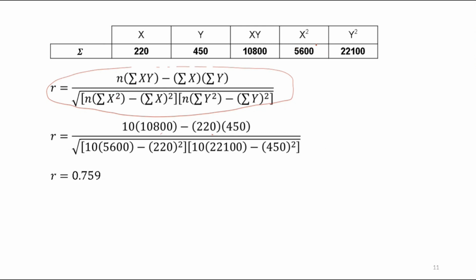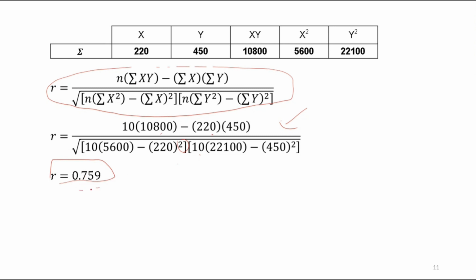So this one is 5,600, and then minus total X, which is 220, squared, and then the other square root. After you substitute the values in this formula, you get the value of R, the coefficient of correlation, which is 0.759.